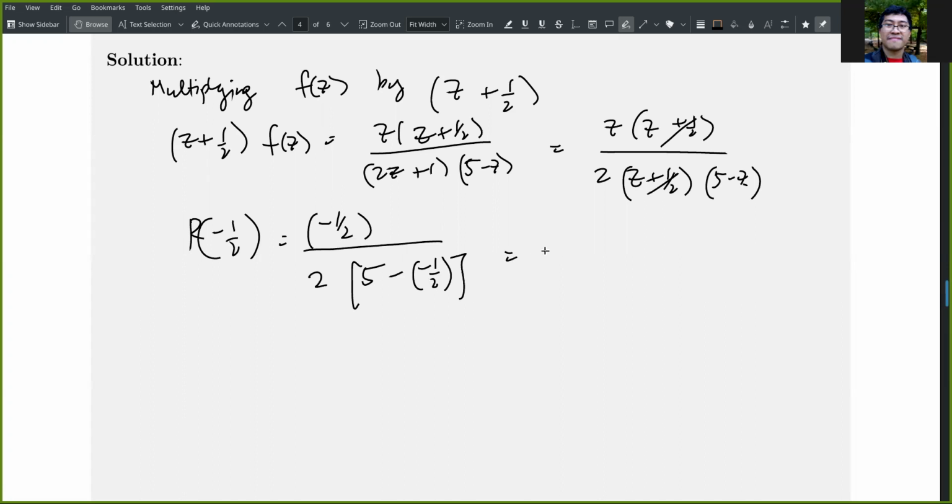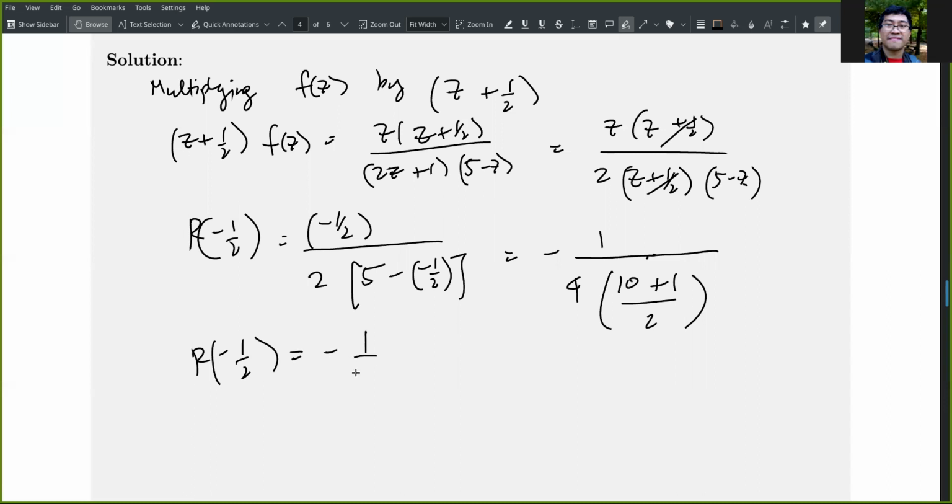This is minus 1 divided by 2 times 2, that's 4, times 5 plus 1 half, which is 11 over 2. So r of minus 1 half is equal to 4 divided by 2, that's 2, times 11, so negative 1 over 22.